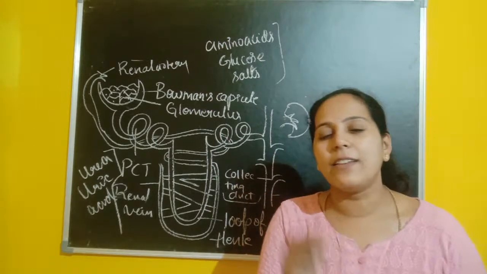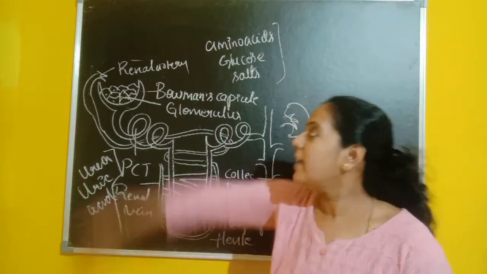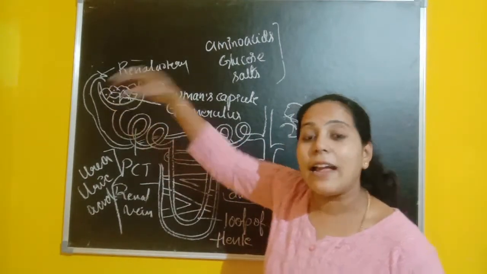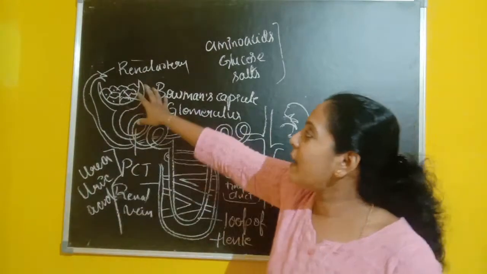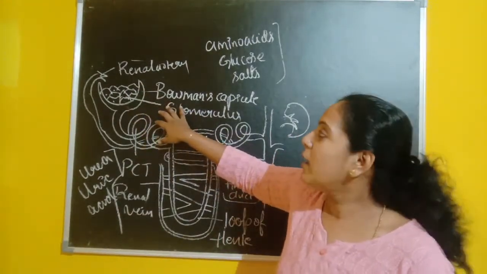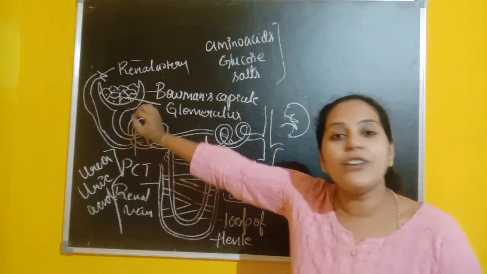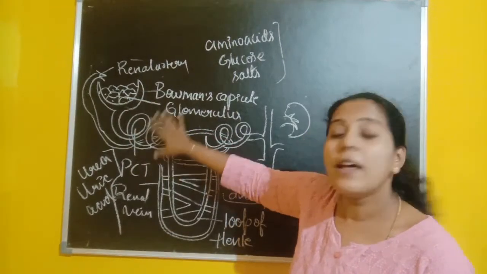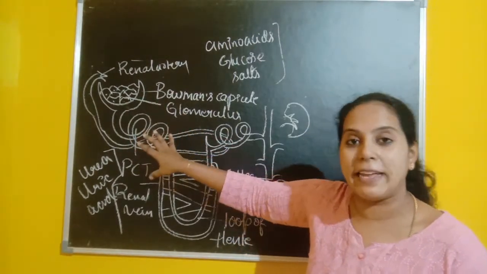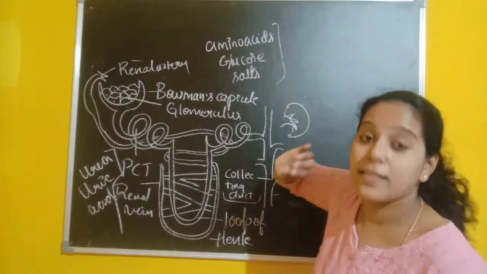More important steps, remember them very simply. First step, filtration. The blood enters the Bowman's capsule with high pressure and reaches the glomerulus, which are thin blood capillaries. The filtration takes place here. After the filtration of blood, the next step is reabsorption of the useful materials such as amino acids, glucose and salts in the PCT.